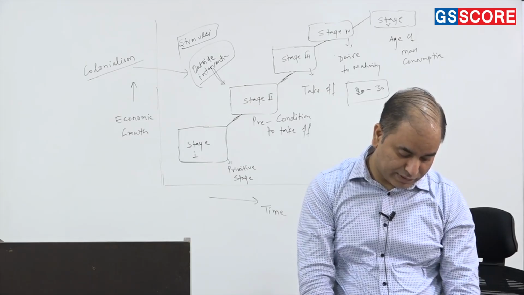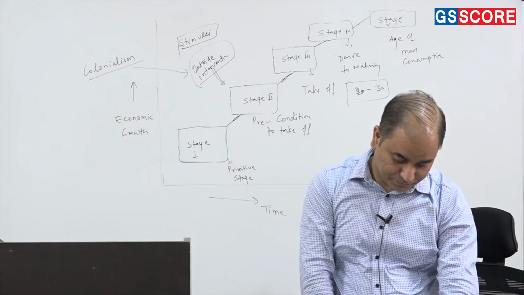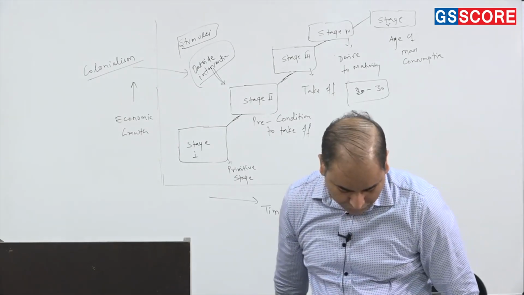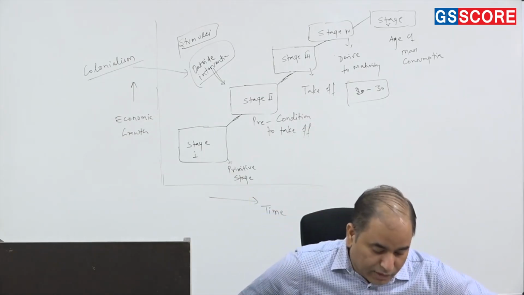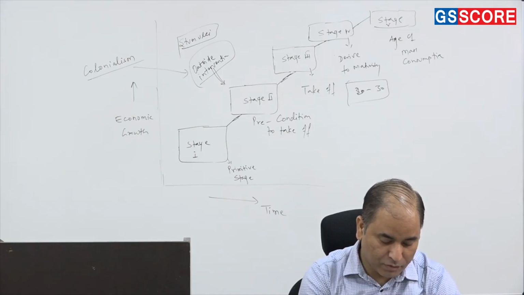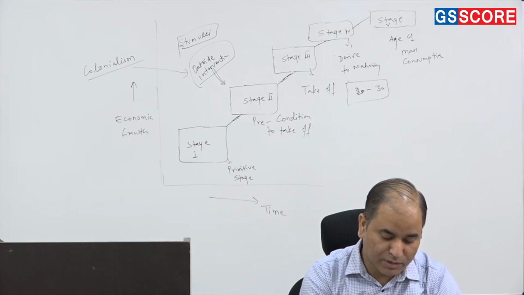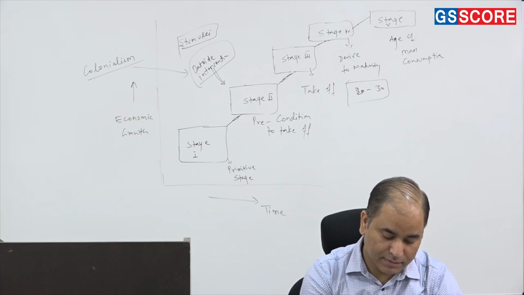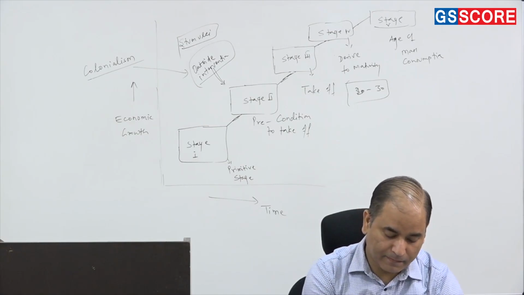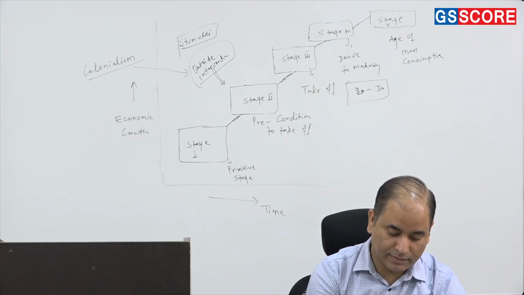Just write one or two points. Rostow's model assumes that capitalism is the underlying structure of the society.